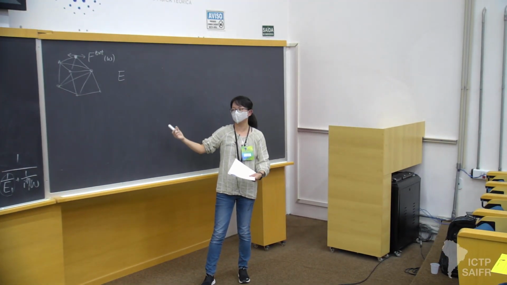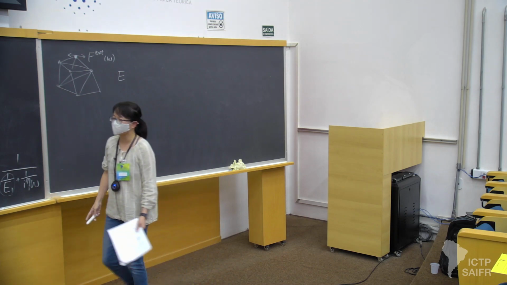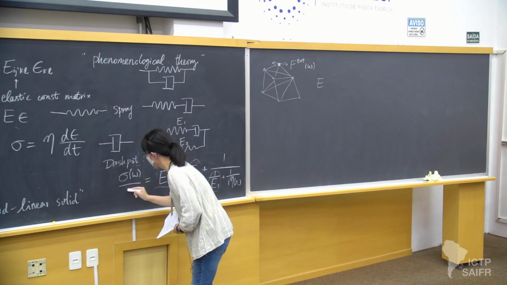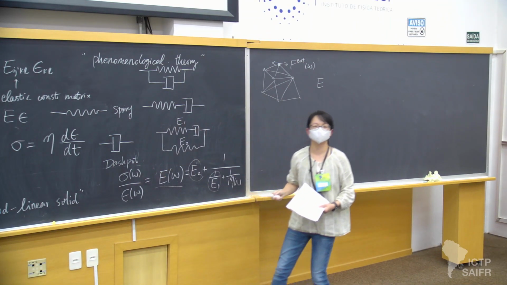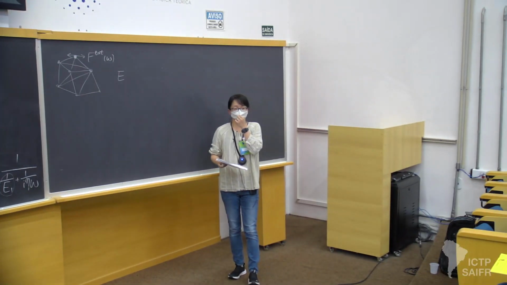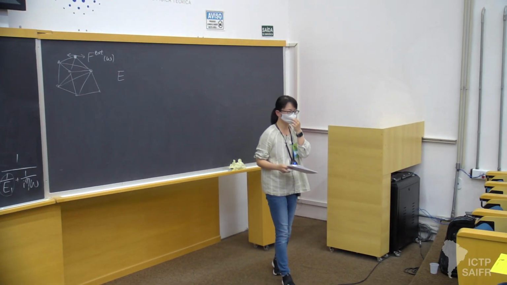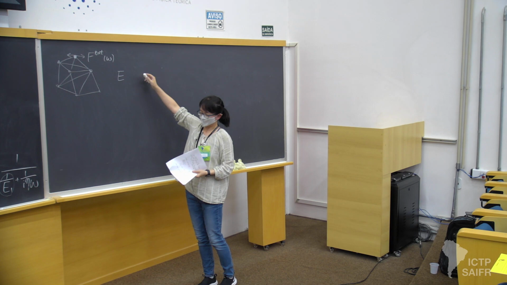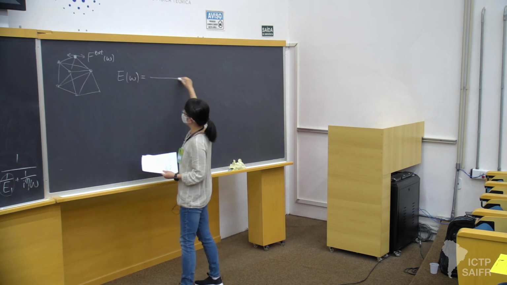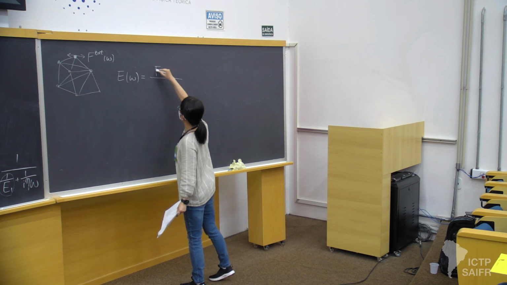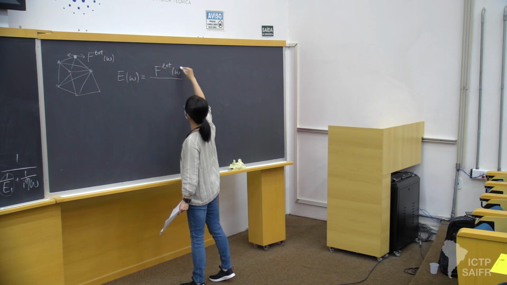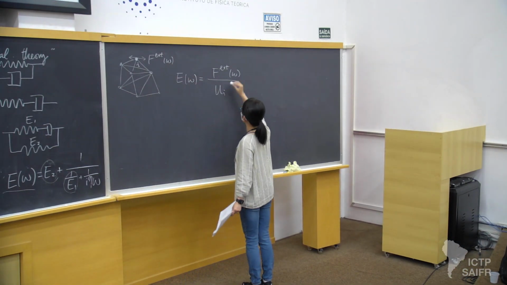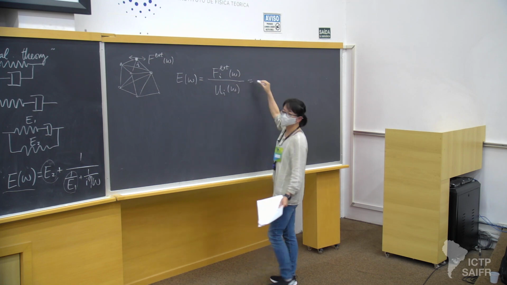What would be qualitatively the same as taking the ratio of stress and strain. Yeah, so it's qualitatively the ratio between this external force and the displacement of this site, if I just call this site I, right? It is roughly something like this.